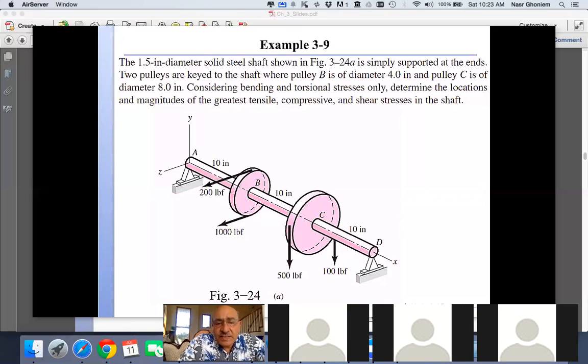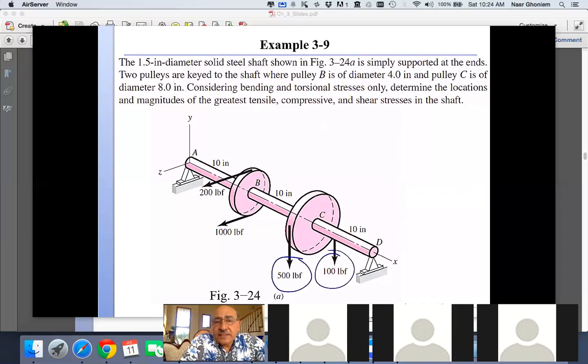So in this case, you can have transmission from one axis to another axis, let's say a 90 degree axis transmission, as in this example. Or you can transmit the power in the same direction.